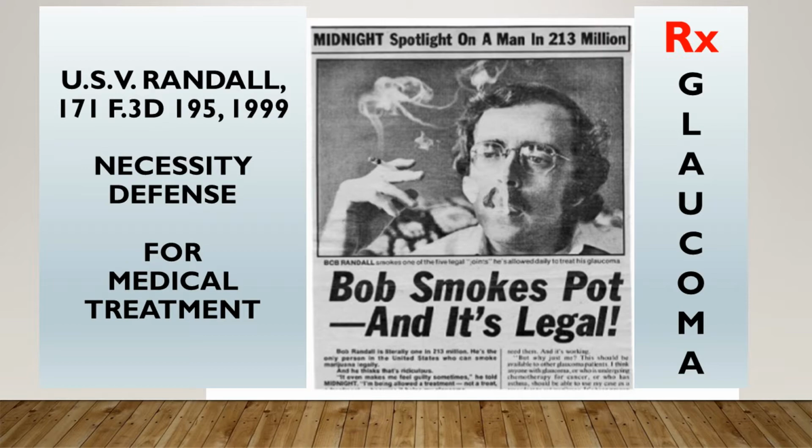Medical experts stated that the inhalation of marijuana was actually beneficial to his glaucoma, and defendant Randall asserted a necessity defense to his prosecution. The issue before the U.S. Supreme Court was whether Randall is barred from asserting the necessity defense. The Supreme Court held that he was not barred from asserting the necessity defense to his charge of possession of marijuana.